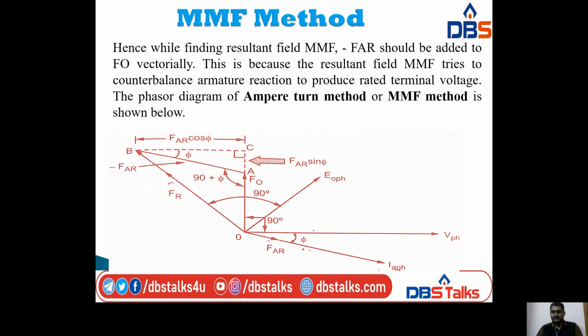Here we will have the terms FAR sin phi and FAR cos phi. Here also I am taking 3 points, that is OABC. By using these we have to determine the voltage regulation.